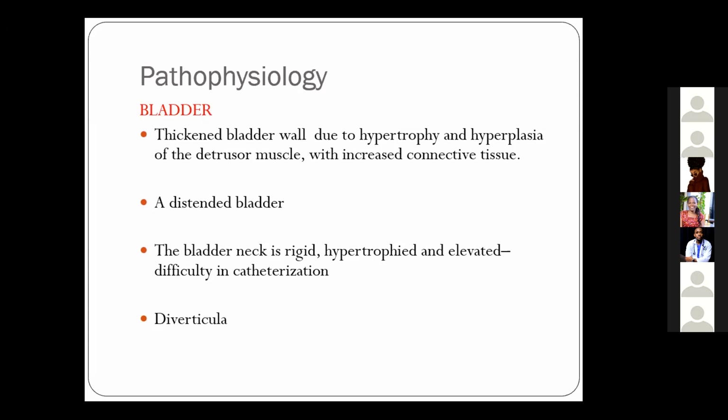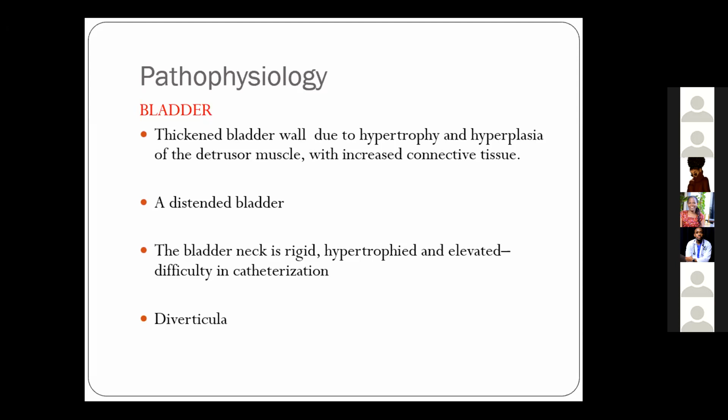You have a distended bladder, of course, because of the obstruction at the prostatic level. Then you also have a bladder neck that is rigid, hypertrophied, and also elevated. And this may be difficult to catheterize.